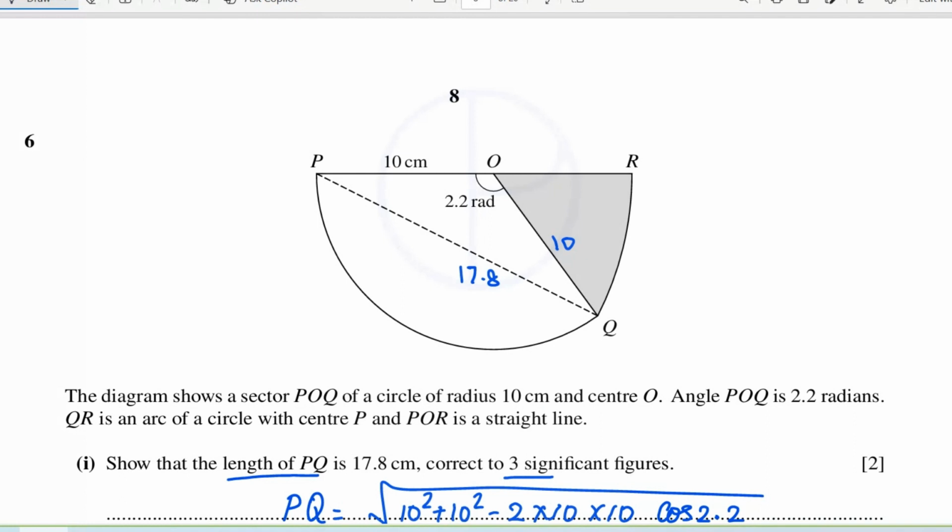This is the radius of the circle with center P. Then PR is also 17.8 because this is also the radius of the circle. So by using this, we can calculate OR.